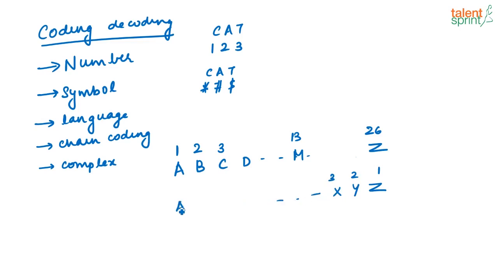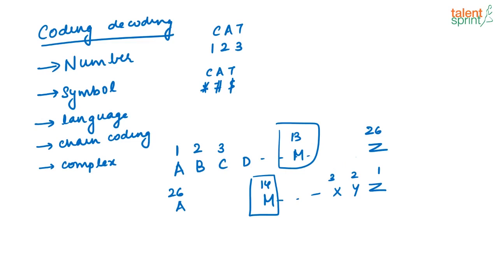Similarly, the position of A will be 26. So this reverse order also at times becomes very useful, okay. In the reverse order, the position of M is 14. So at least remember the position of M in the forward and the reverse direction. You will be able to find out the position of the close by letters easily. So we are just discussing the basics of coding decoding. So just keep these two orders in mind.